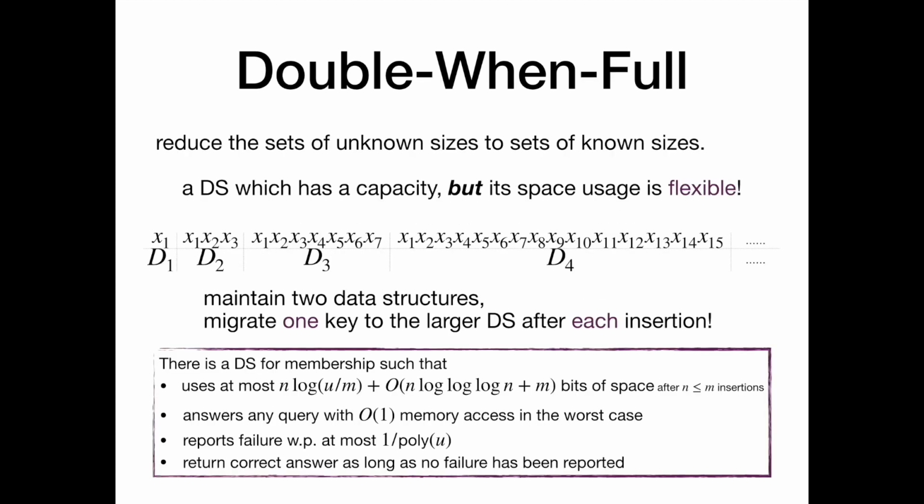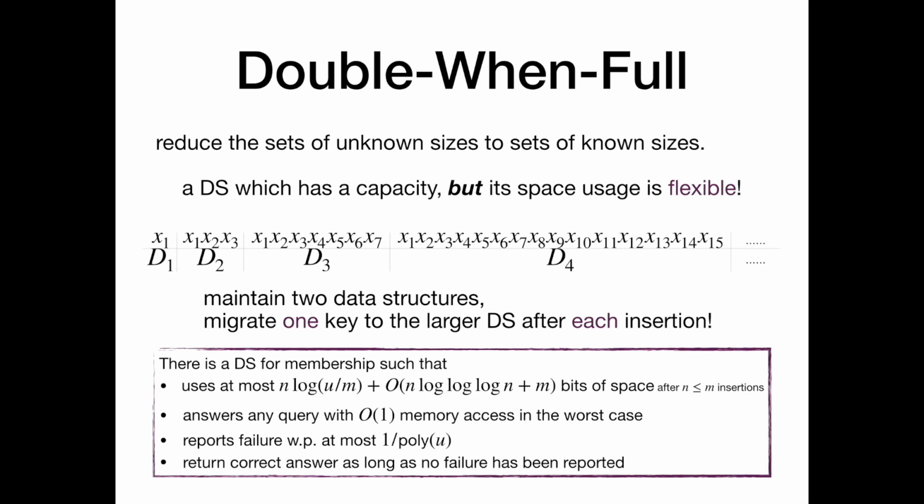We apply the standard double-full method. At any moment, we maintain two data structures, one with a two-fold capacity of the other. We always insert the new data point into the larger data structure. After each insertion, we migrate one data point from the smaller data structure to the other.